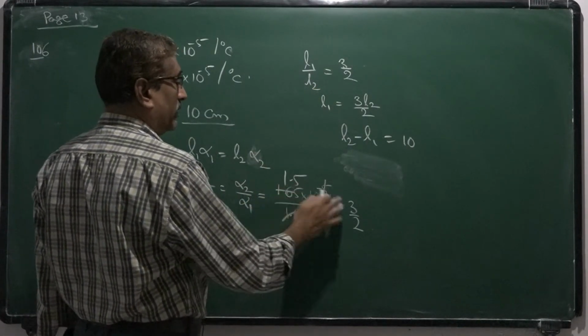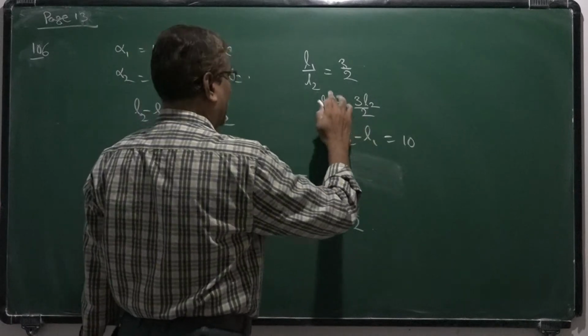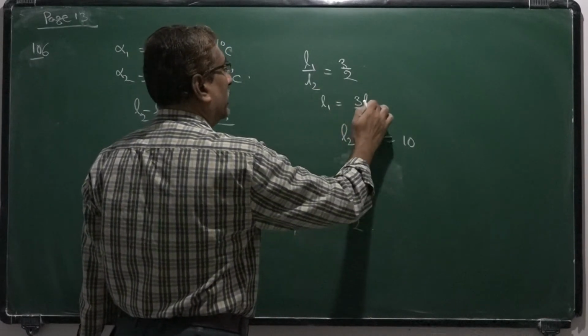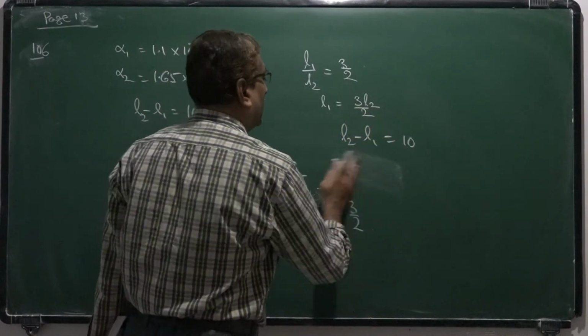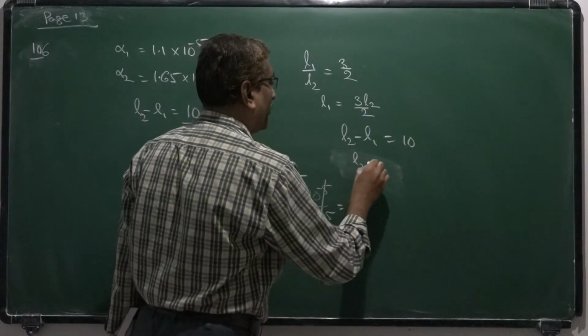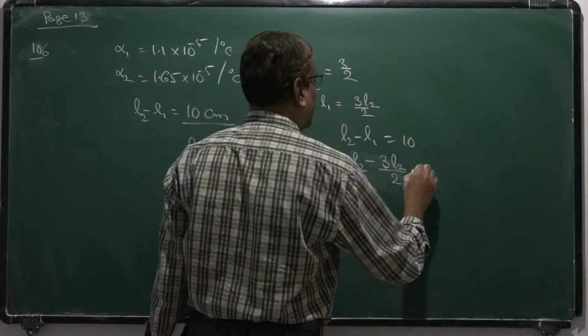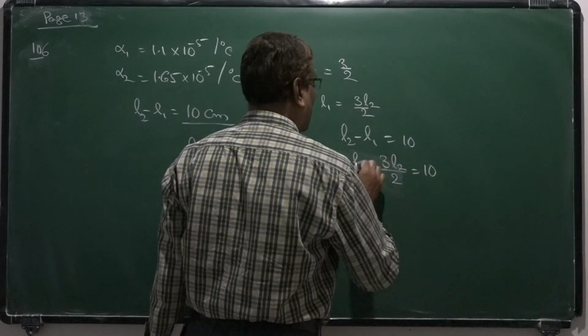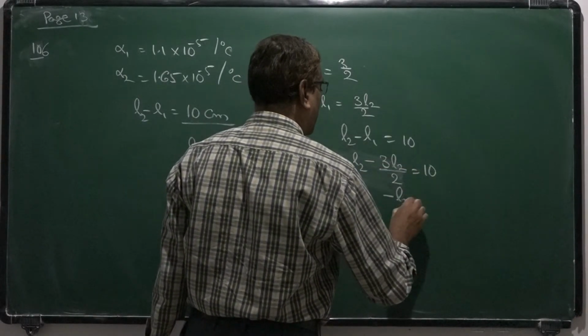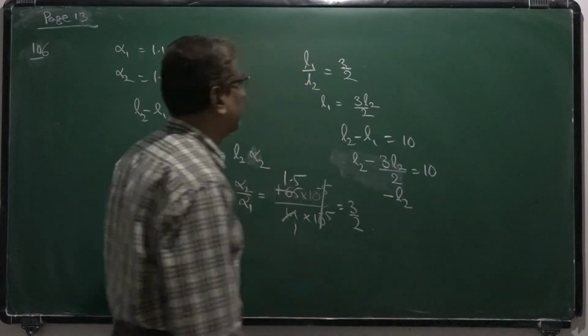So, 1.5 that is 3 by 2. So, L1 equal to 3L2 by 2. So, L2 minus 3L2 by 2 is equal to 10.